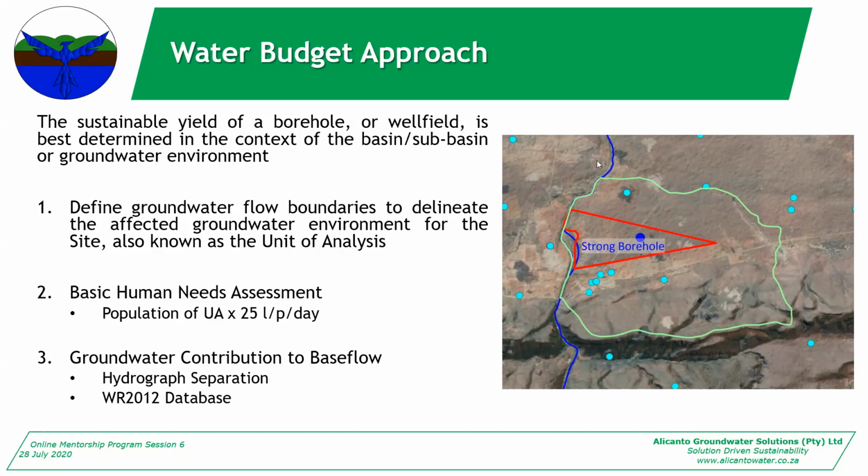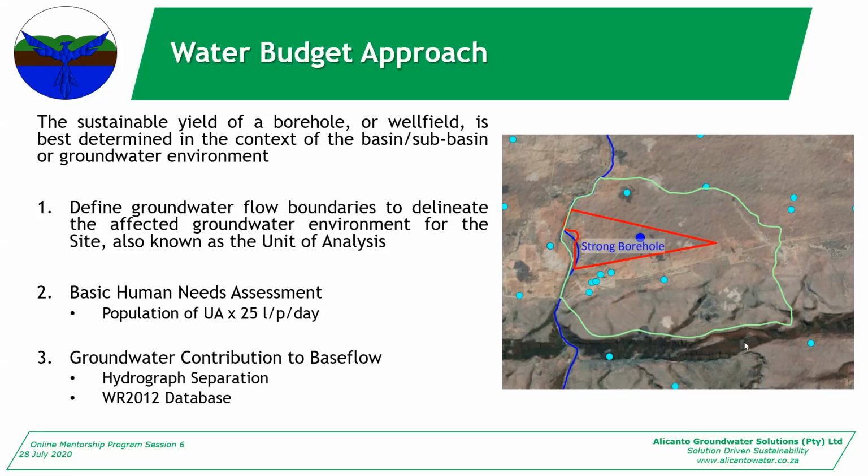Your boundaries are the boundaries to groundwater flow. So we'll go through it in detail with the modeling section, but it's where groundwater won't flow across this perennial river in this environment. So that's a boundary. Then it won't flow across this channel here. So that's a boundary.